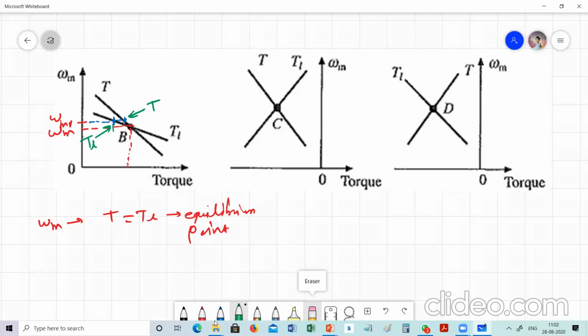If we project these 2 points on the x-axis, then we will get the values of those torques. This is the point of TL, this is the point of T. So you can observe that.